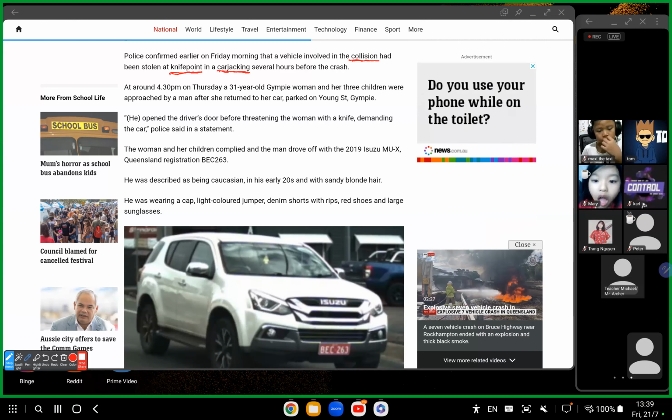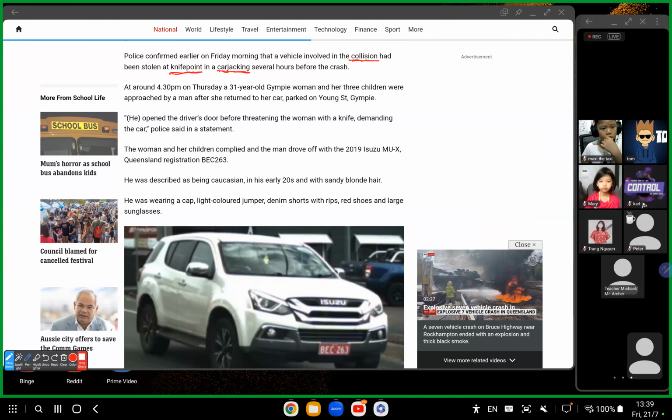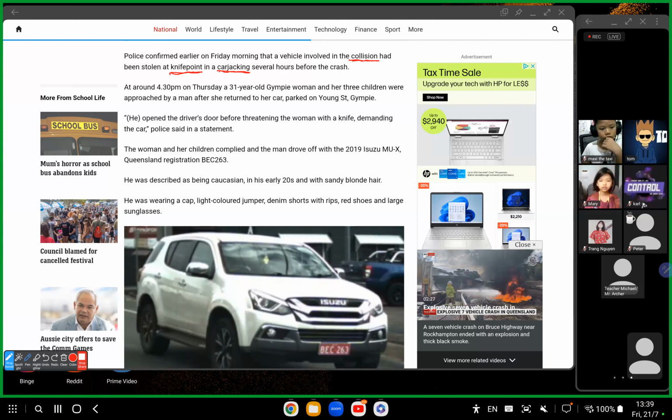So these words here, collision, knife point, carjacking, they sound like emotive language, or powerful words, because there's not one incident or situation where I could think of any of those words and think of something good. So that is powerful words because it's trying to point out to you the severity of the situation, how bad it is.